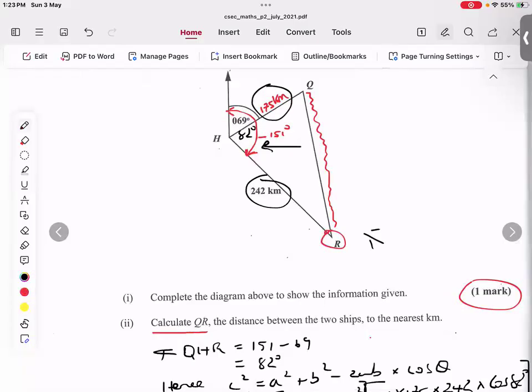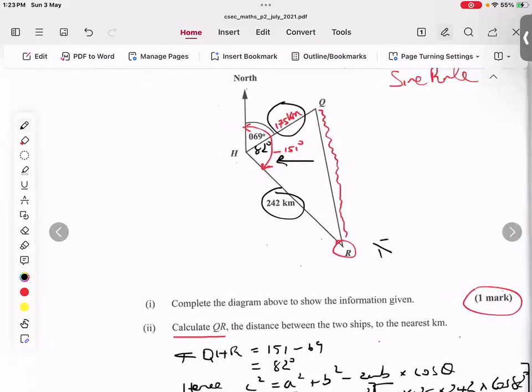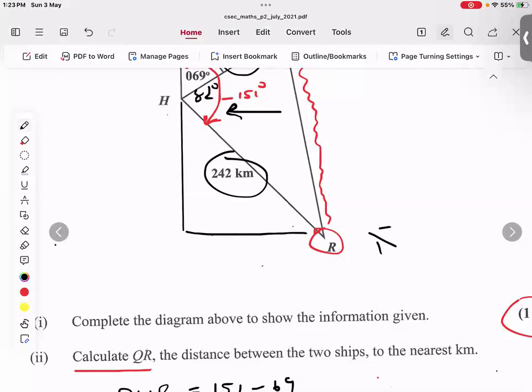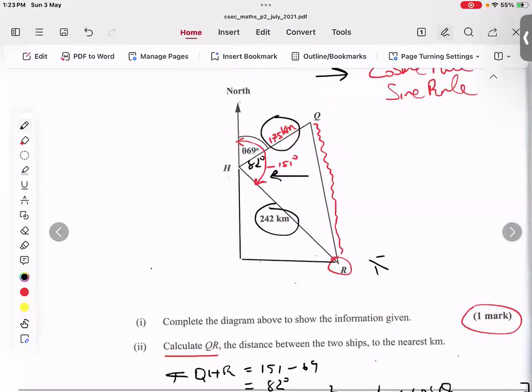So to do this now, we have to do a construction. So we need to know how far.